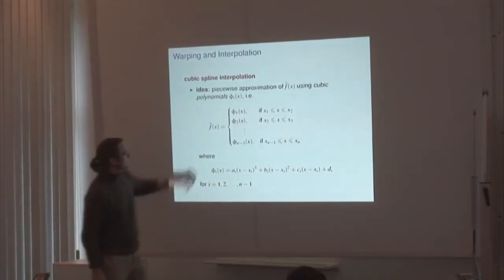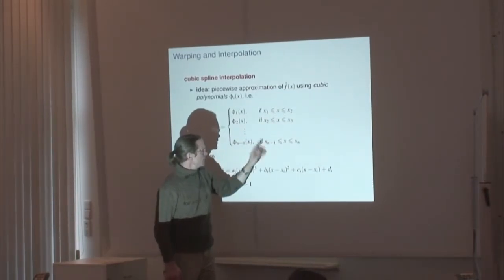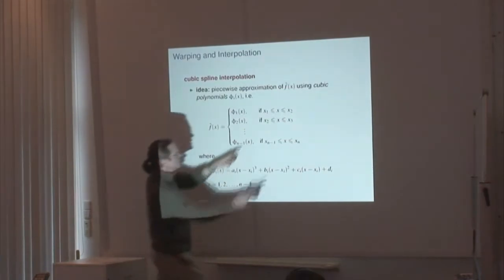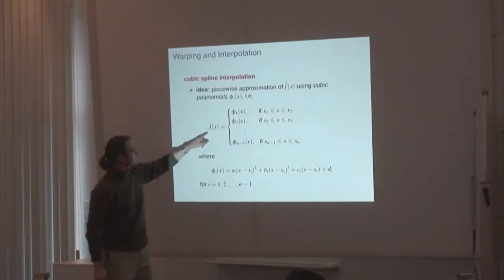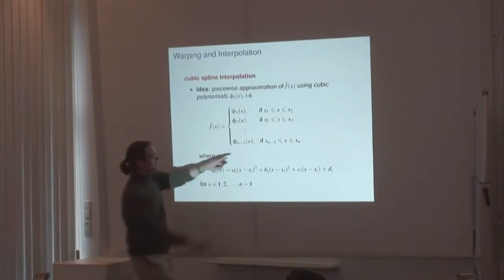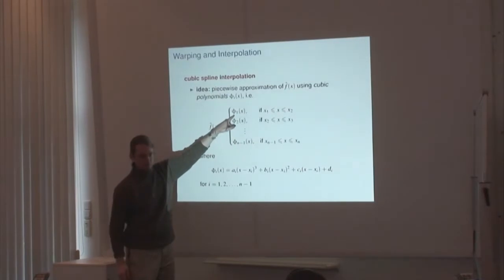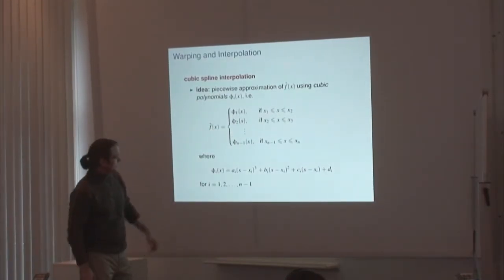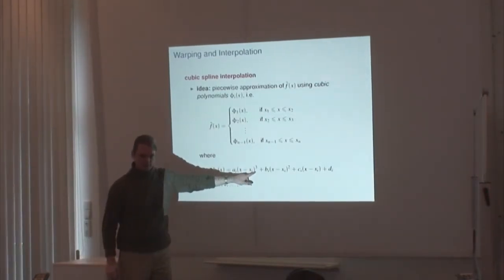So, we are given lots of sample points, x1, x2, x3, all the way to xn minus 1 and xn. And in between each two sample points, we assume that this interpolation function can be expressed as a polynomial. This is the Greek letter capital Phi, where this polynomial is cubic, of third order.